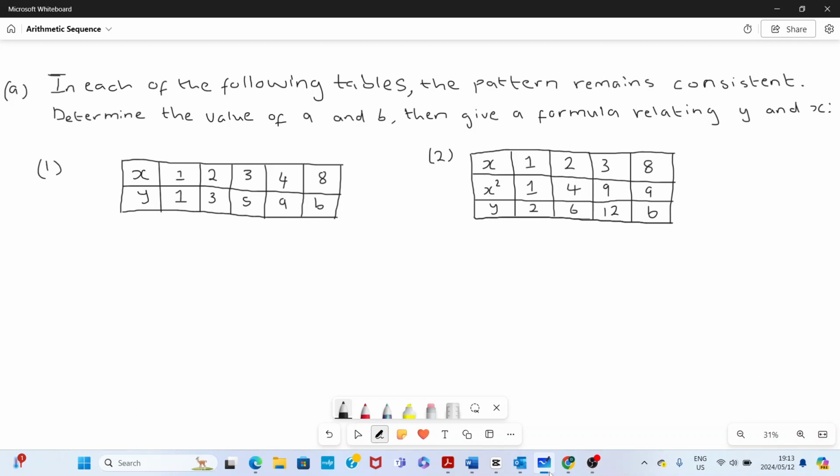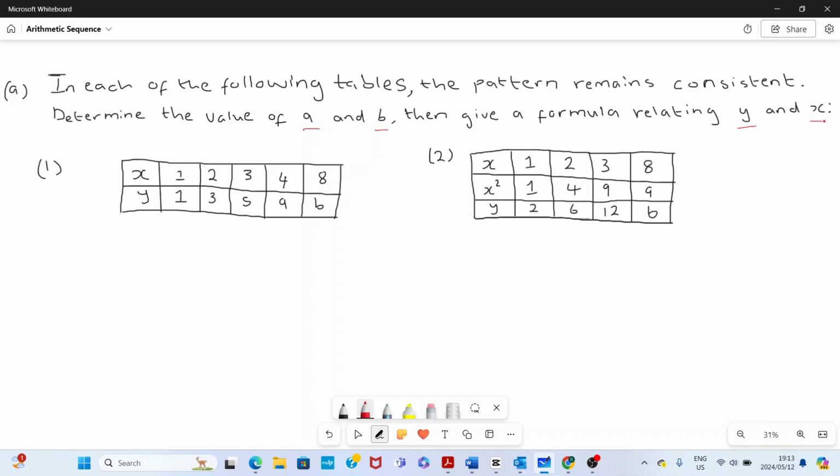Determine the value of A. So it says determine the value of A. You can just highlight determine the value of A and B. Then give a formula relating Y and X. So this means that there might be some relationship between Y and X in each of these tables that we see on the whiteboard. So let's go ahead and attempt to answer the question.